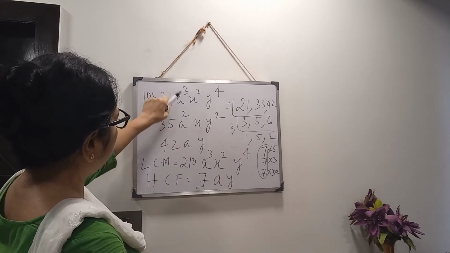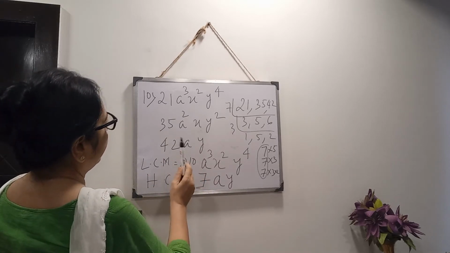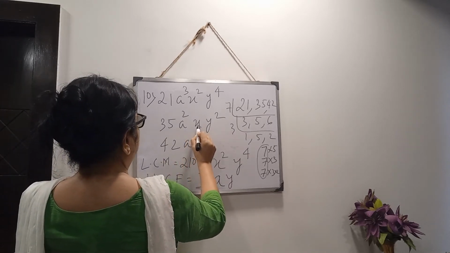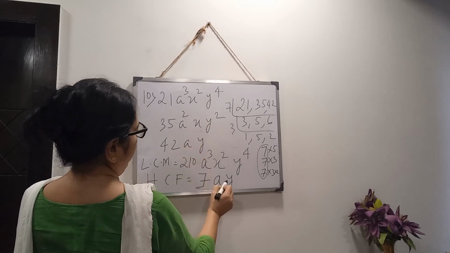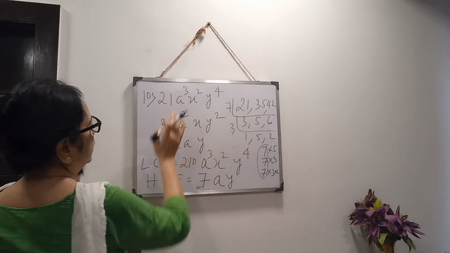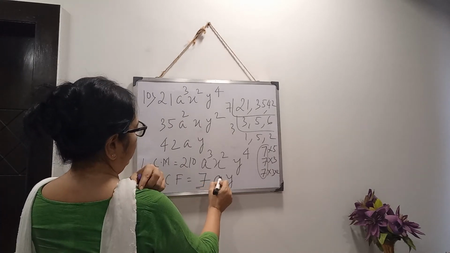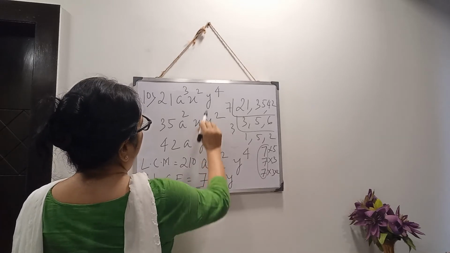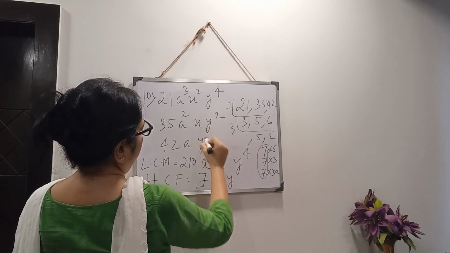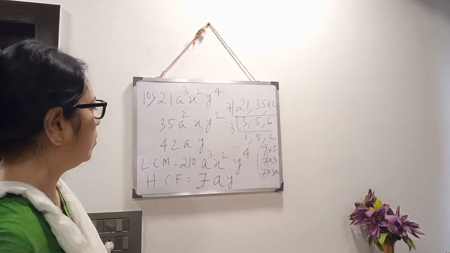What is the lowest power of a? 1, so I have written it here. And about x: x is there, but x is not there, so x is not present in all the terms. So in writing the HCF, you will not include x. Clear? And y, what is the lowest power? 1. So 7ay is the HCF.